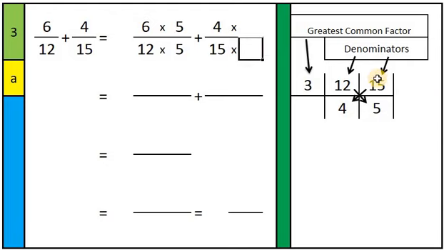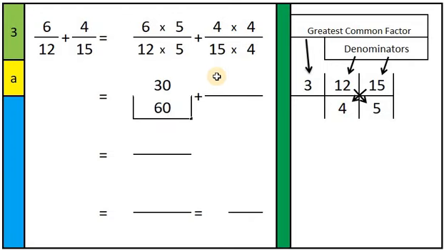For 15, the arrowhead comes to 4, so we multiply with 4, and the numerator must have the same number. So 6 times 5 is 30, 12 times 5 is 60, and 15 times 4 is also 60, and 4 times 4 is 16.